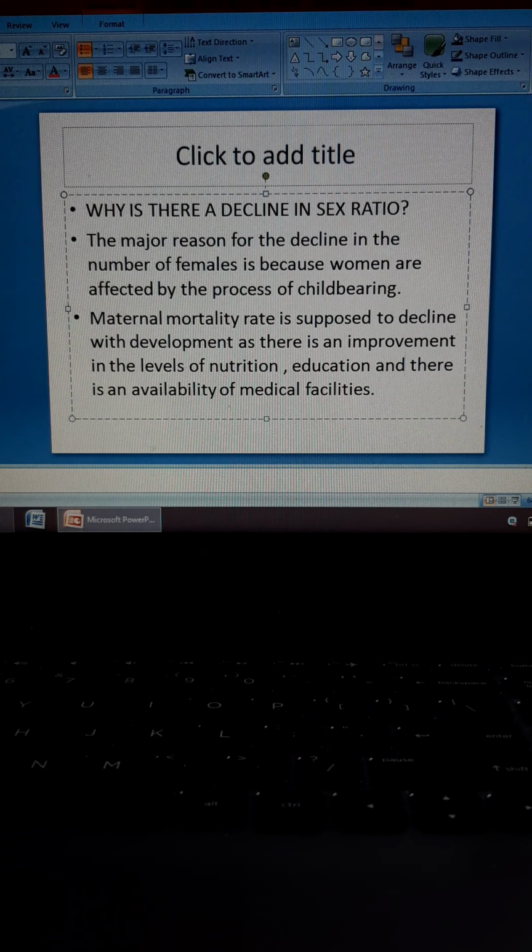There are hospitals, and there are programs which teach the woman and her husband how to take care of the child and the would-be mother. So with development, maternal mortality is supposed to decline. As women are the child bearers, there are fewer females because females may die in the process of childbearing.